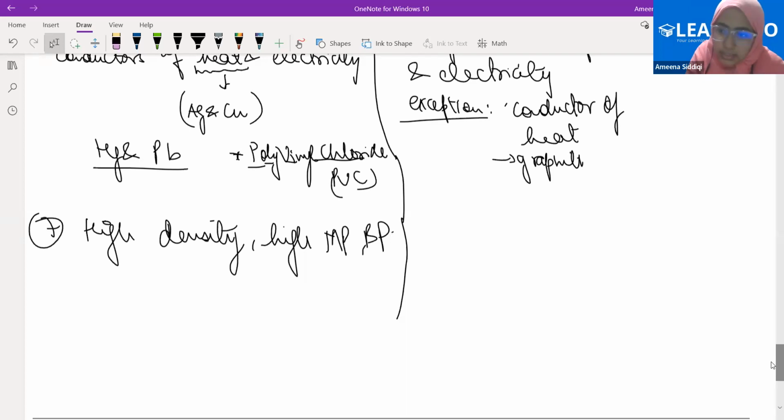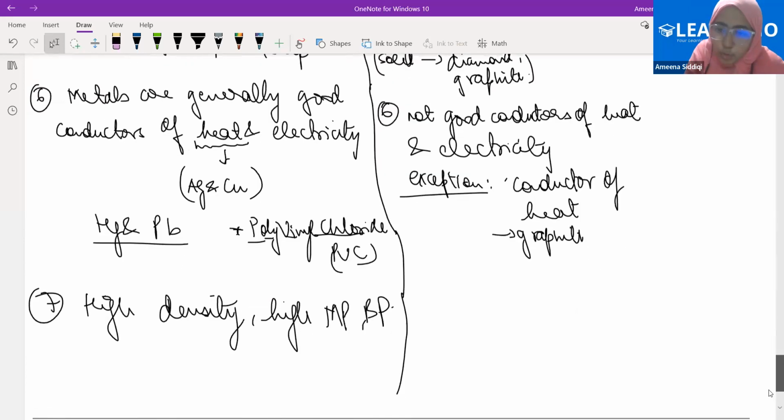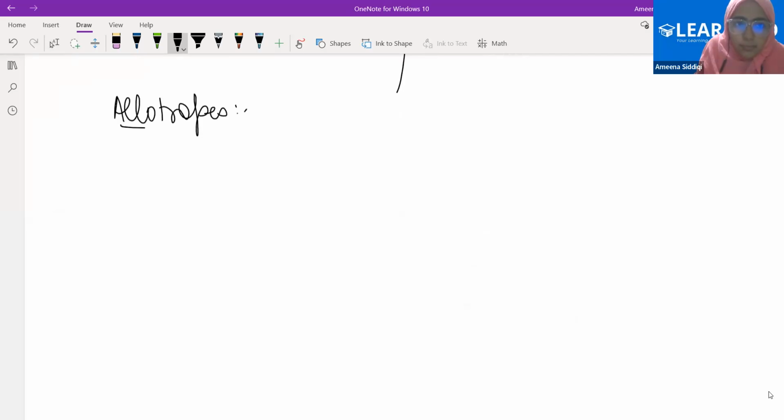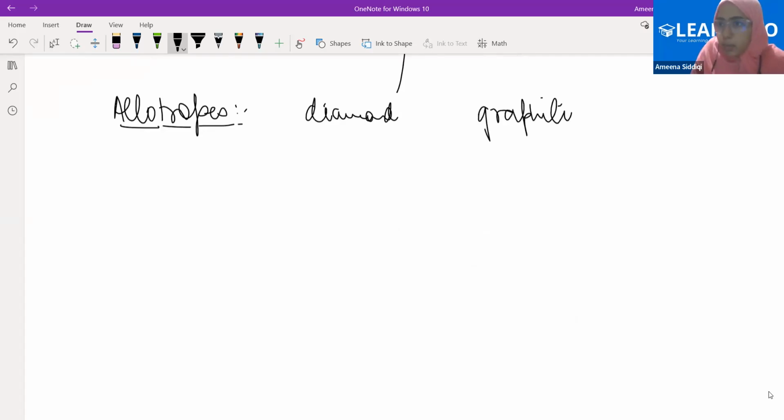The next important point here is allotropes. What are allotropes, Amir? Any idea, beta? No, ma'am. Are they like a combination? No, no. See, I just now said that diamond is an element of carbon, and graphite is made up of carbon-carbon bonding. That means both are forms of carbon.